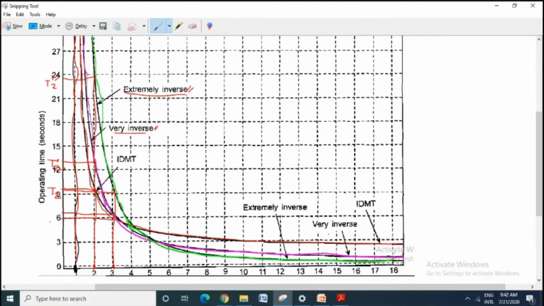So see the difference. This is the time t3 over here, around 6. This is the time t3 dash somewhat over here, and this is the time t3 double dash somewhat over here.